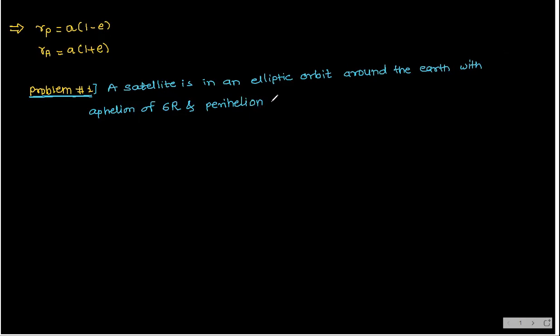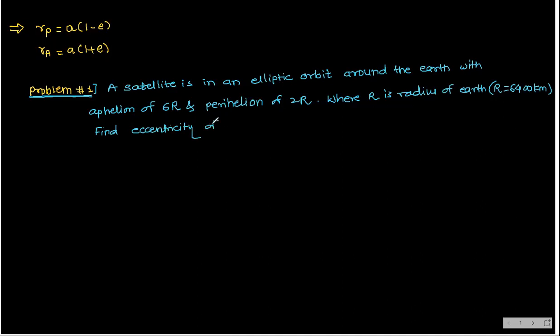Aphelion means apogee, perihelion means perigee, okay? Perihelion of 2R, where R is radius of earth, that is R is equal to 6,400 kilometers. Find eccentricity of ellipse.